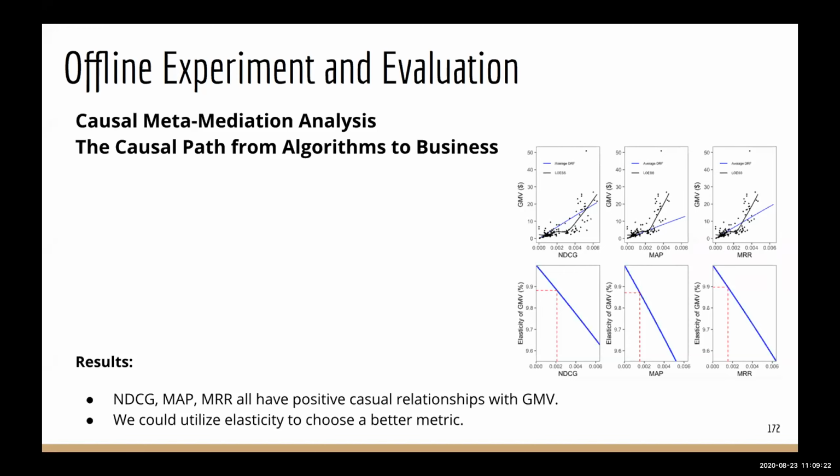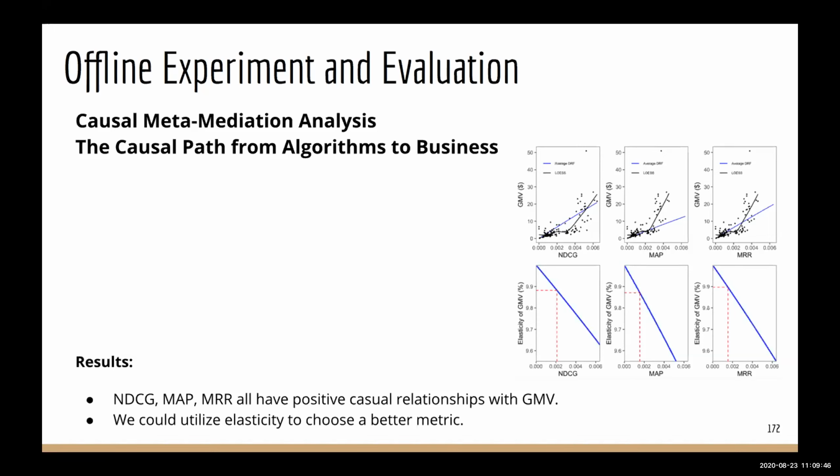But indeed, it's not linear. The improvement of NDCG with the GMV is non-linear. So the method we introduced can fit such a non-linear relationship in the causal space and really tell their relationships. This is also a nice discovery from the work. So the second is non-linear.